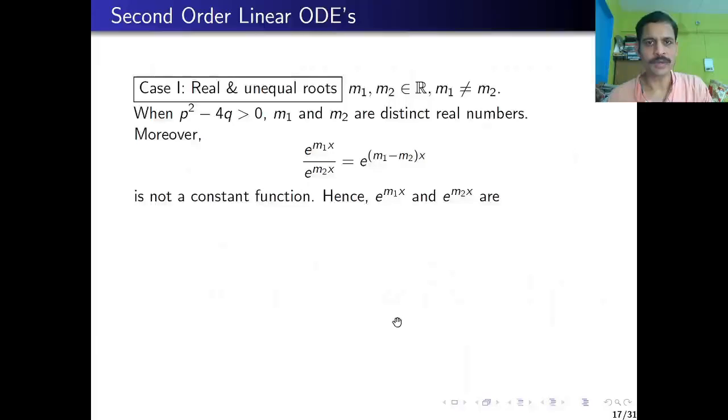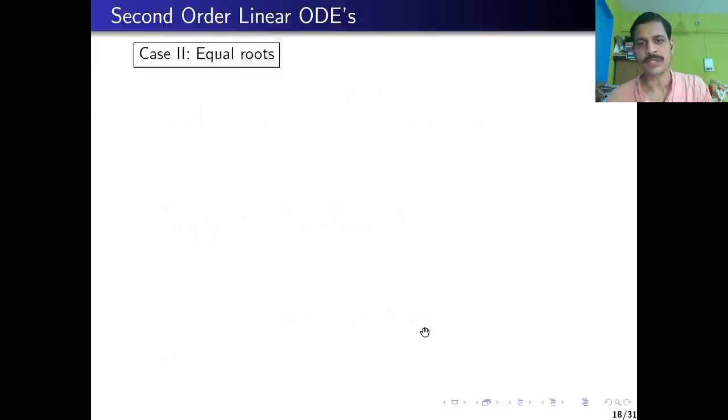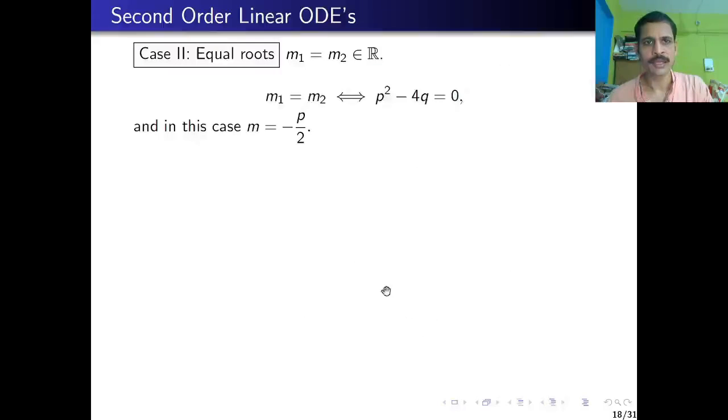So we get only one root solving this quadratic equation, namely minus p by 2. This will give us only one solution of the ODE, namely e raised to minus px by 2. But we want to find the other linearly independent solution also in order to get the general solution of the ODE.